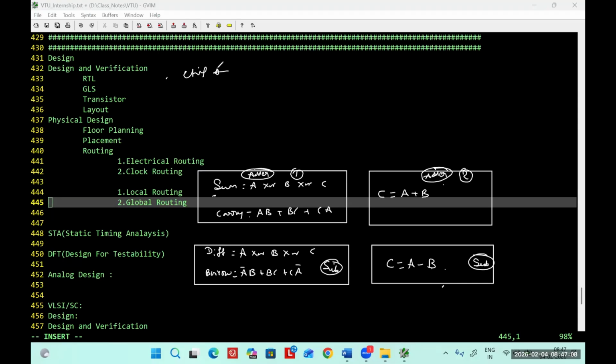Correct. One level back: layout you need. If you want a layout, what do you need? Transistor. If you want a transistor, what do you need? Gate level. If you want a gate level, you need the coding in which format? RTL. Okay, these are your RTL codes.